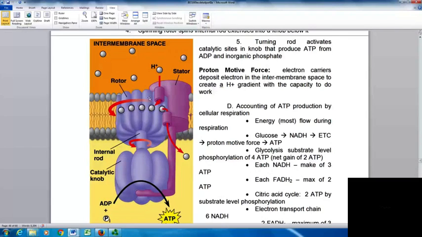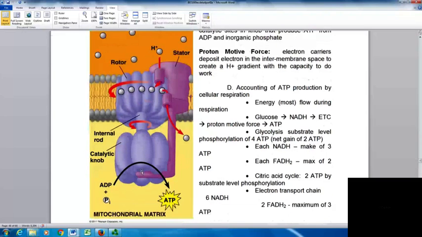So you have this rotor and stator. What will happen is the hydrogen ions are going to attach to the rotor. It's going to spin around before it drops that hydrogen ion down another little chute. And when it spins that rotor around, it's attached to an internal rod that spins the catalytic knob, and that will cause the ADP to bind to the inorganic phosphate and become ATP.